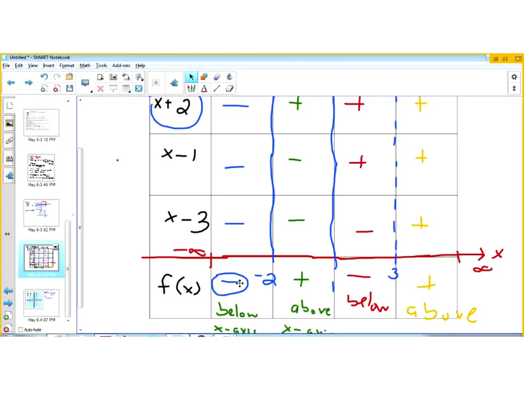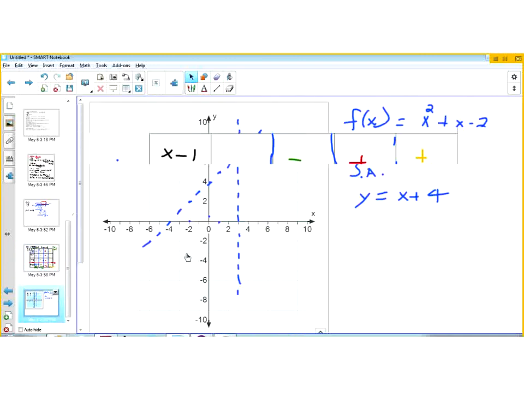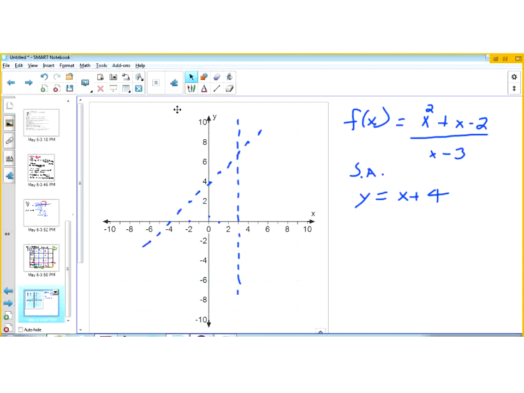Now, using our table of signs, we know that the graph for x less than -2 is below the x-axis. This information tells us that for x less than -2, f of x will be below the x-axis, and it has to be asymptotic to the slant asymptote. So if we draw that in red, it's going to look something like this.